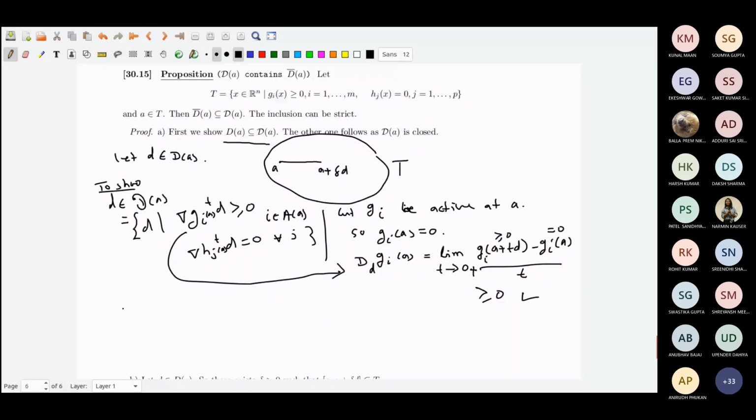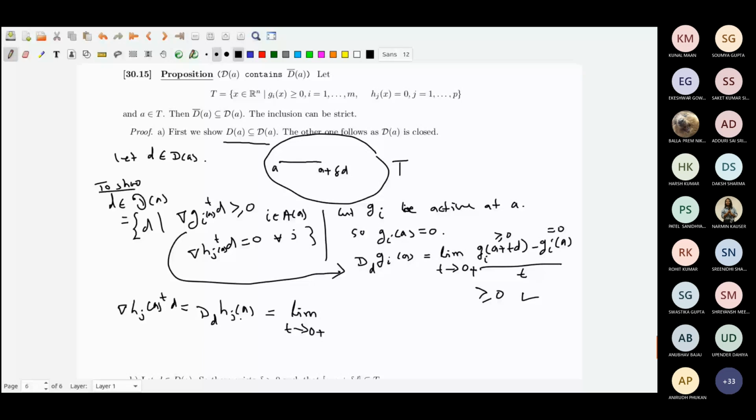That is the directional derivative again of Hj at A, and that is the same as the limit as t goes to 0 plus. This limit will be equal to the directional derivative. Why? I already know that the derivative exists, so this limit will also be equal to that.